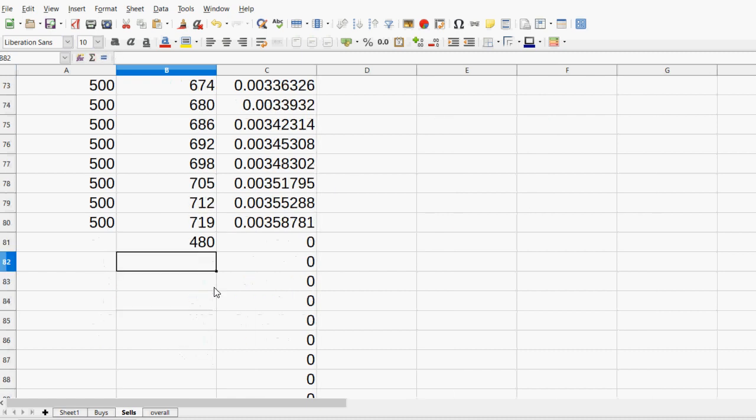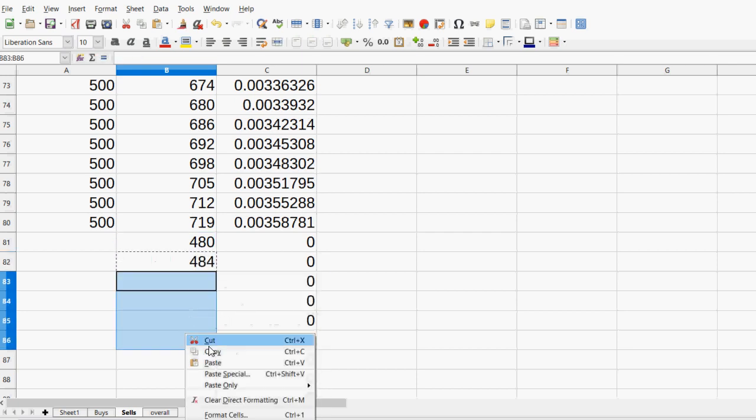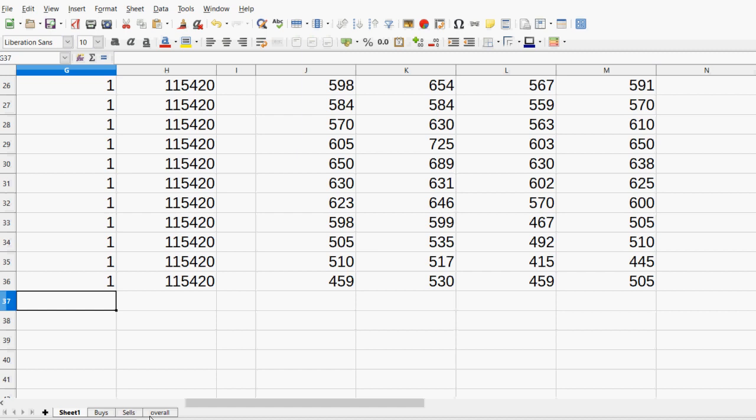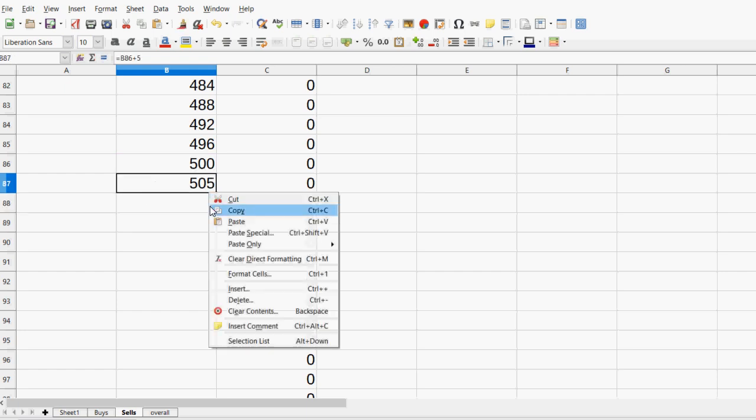What a difference from your last sale being 719, and then now we're selling at 480. And we're going 4 points up until 500, then we're going 5 points. And 519, I think, was the high. 530 was the high. So we'll be selling all the way up to that number. And I'll give it the benefit of the doubt and say that it got it this time.